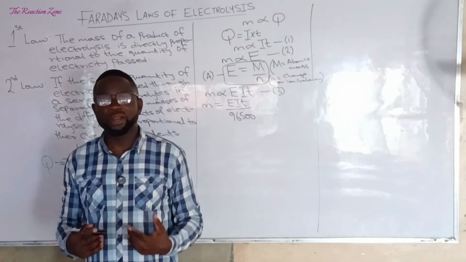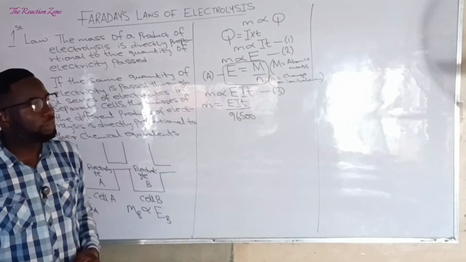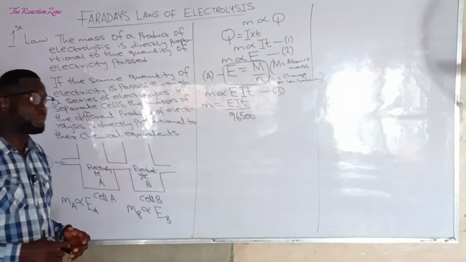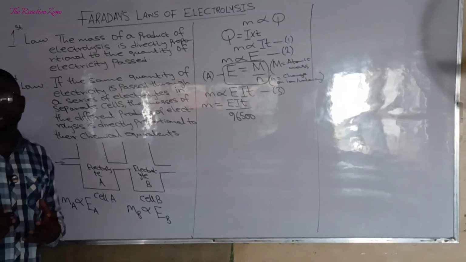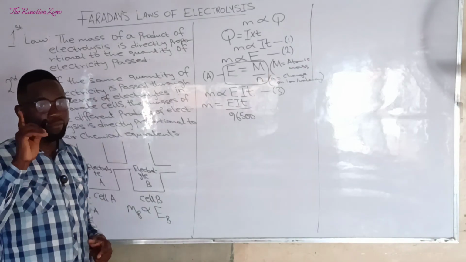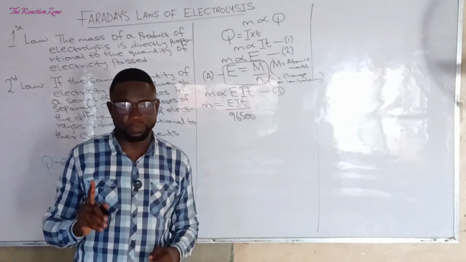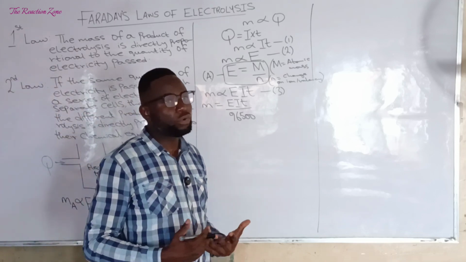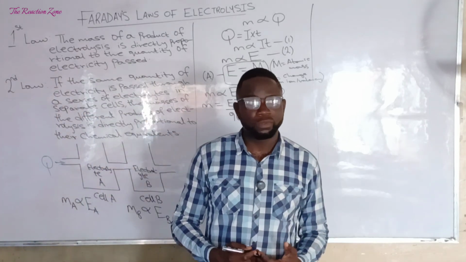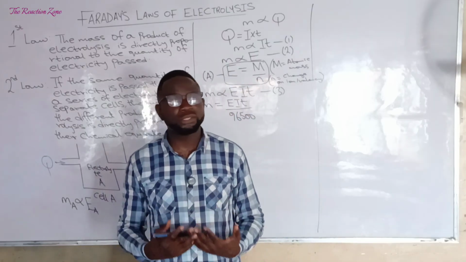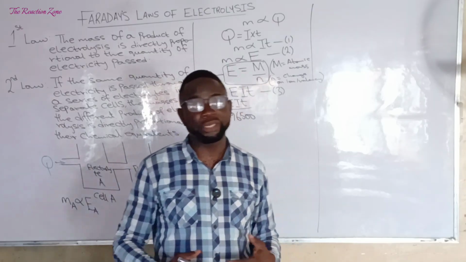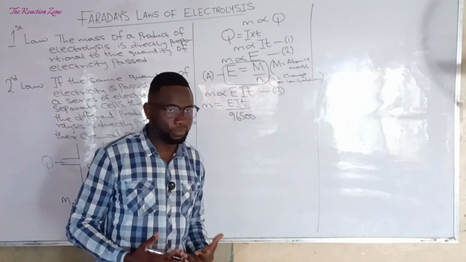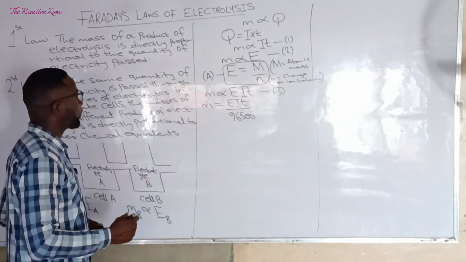And Faraday's constant simply refers to the quantity of charge in 1 mole of an electron. So what this means is that 1 mole of an electron has 96,500 coulombs of electricity or electric charge.